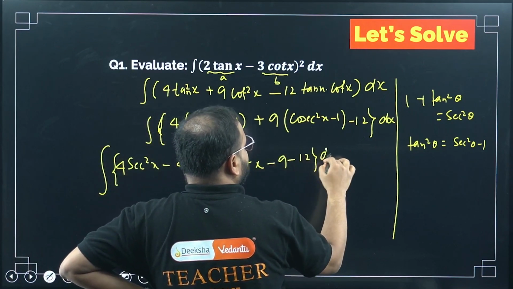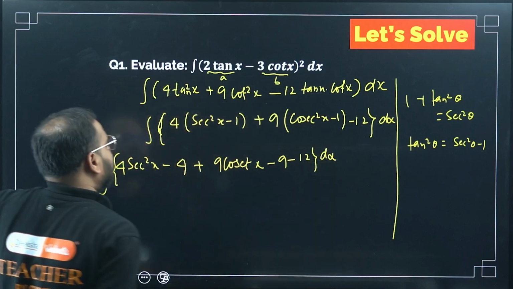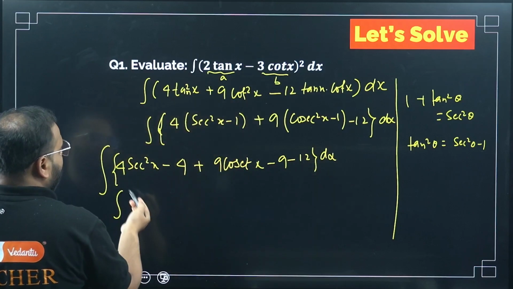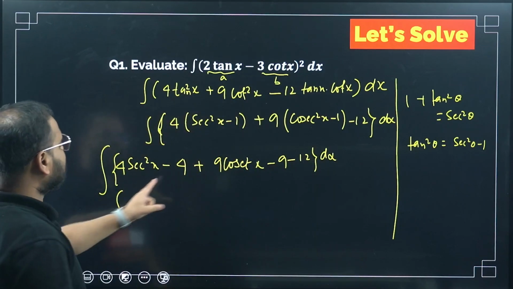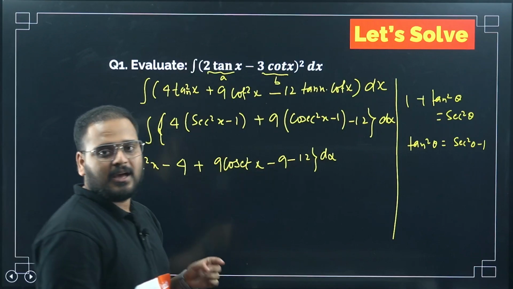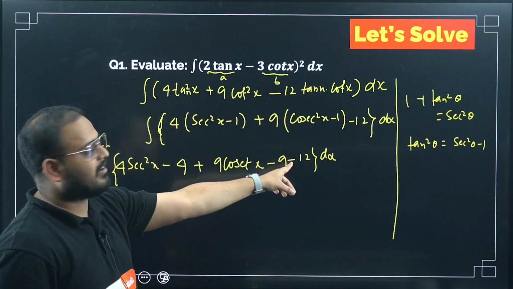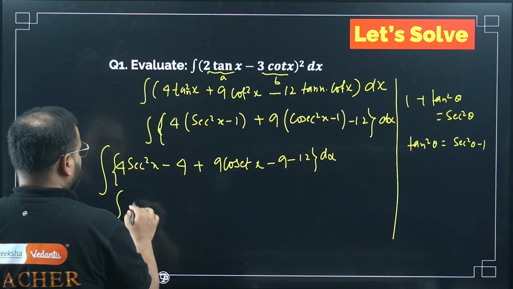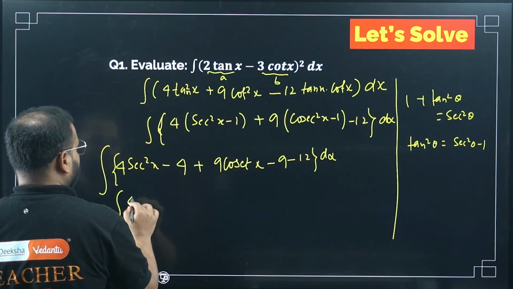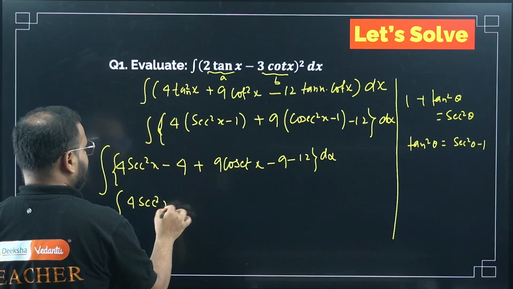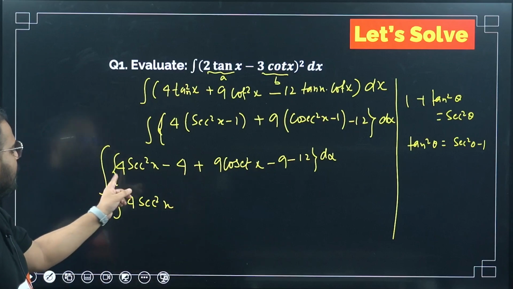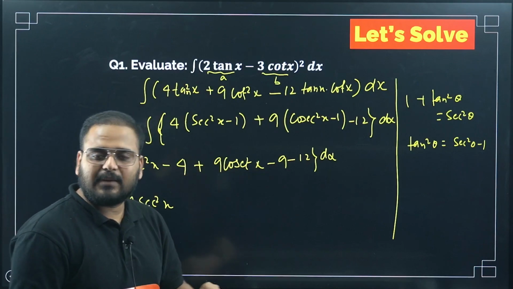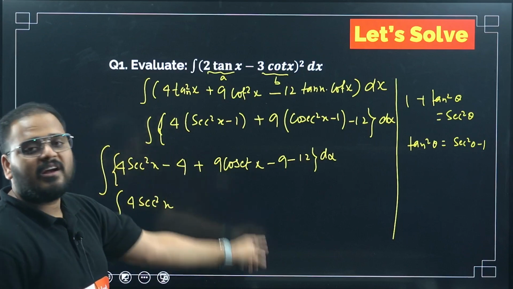Now integration of this with respect to x. Let me rearrange: minus 4 minus 9 is minus 13, and with minus 12 it will be minus 25. So I will write it as 4 sec square x. I said that if you have a sum or difference of multiple functions, you can take their integral as individual functions.